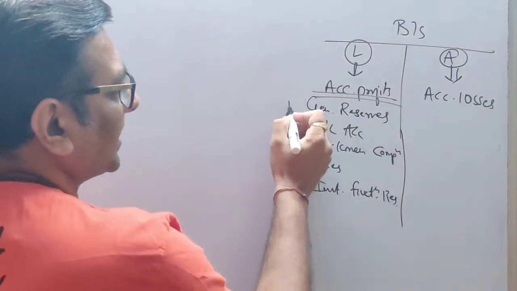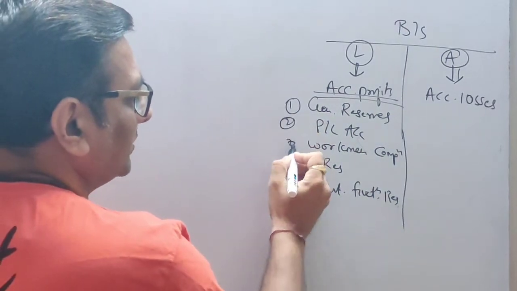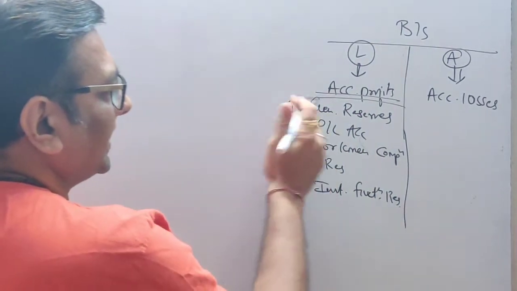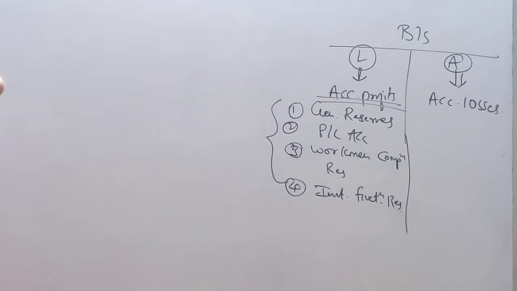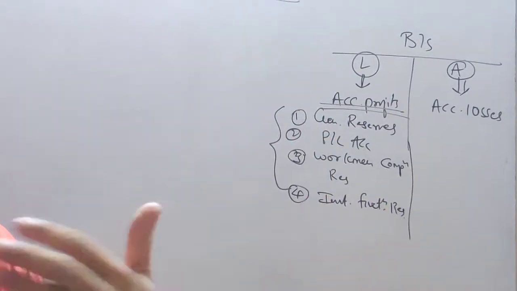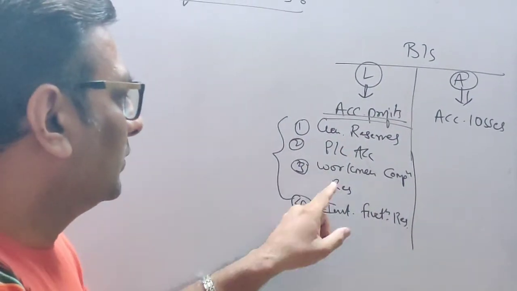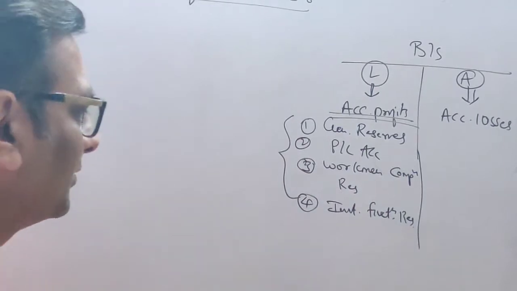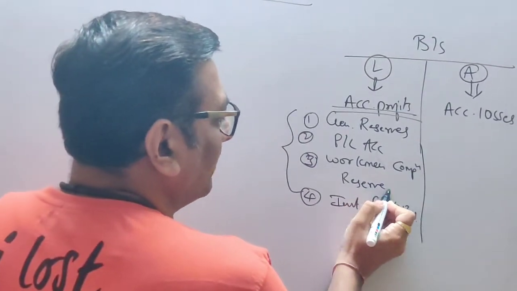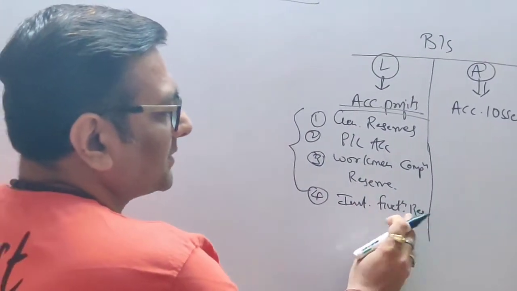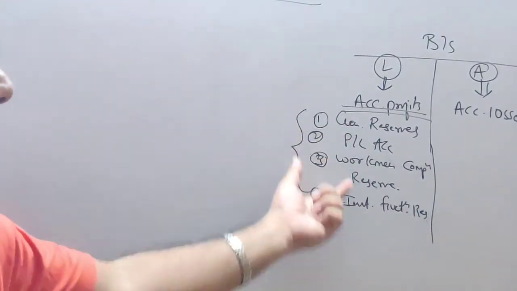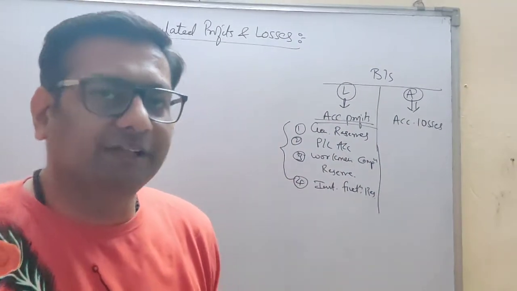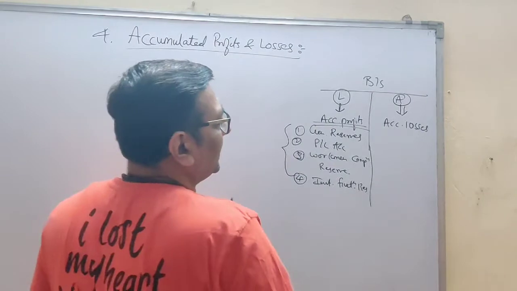So these are a few examples which I have listed down to give you an idea that these are your accumulated profits. General reserve is also called reserve fund. P&L account, workmen compensation reserve, and investment fluctuation reserve. So all these reserves are basically profit which will be given on the liability side.